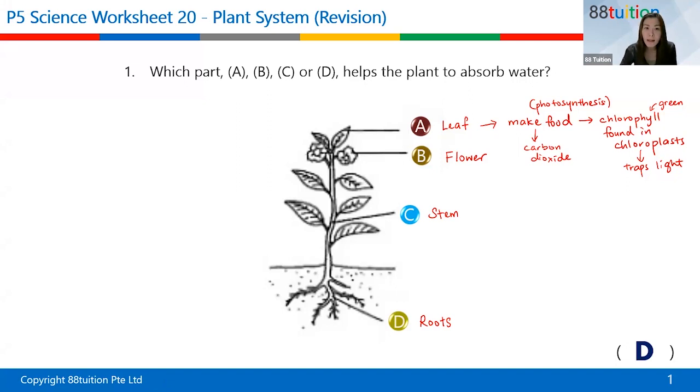What else? There's carbon dioxide required. Light is being trapped by chlorophyll inside chloroplast. One last very important thing. Some of you mentioned that's the whole equation, right? So, Hanin, you look at your equation. Light is mentioned already, right? Carbon dioxide is mentioned already, right?